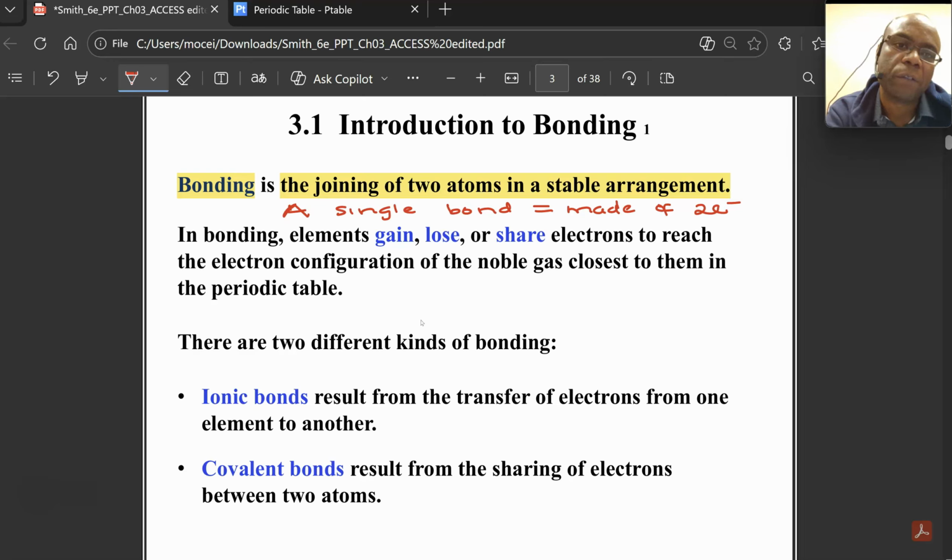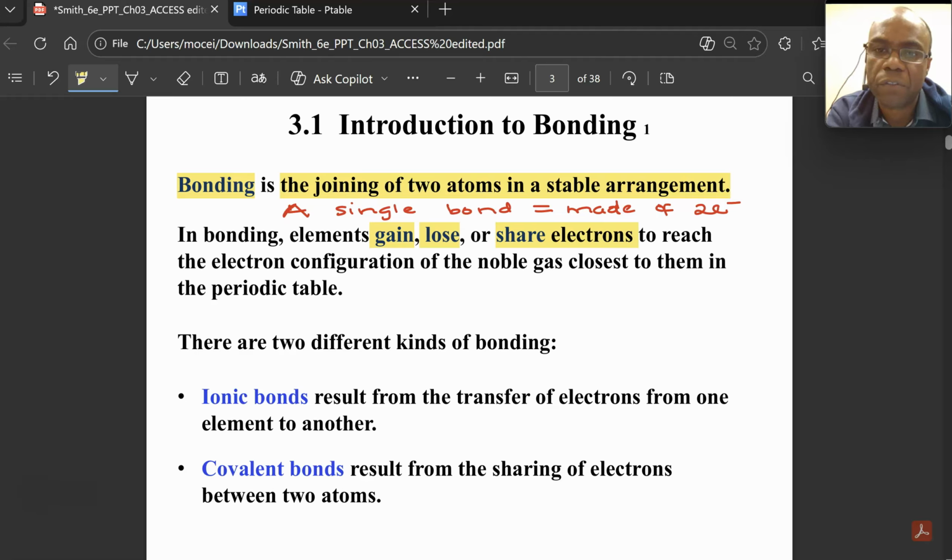So anytime you have two electrons between two elements, we say you have a bond. The bond is made by orbital overlap. In bonding, elements will gain, lose, or share electrons to reach an electronic configuration of the noble gas closest to them in the periodic table.